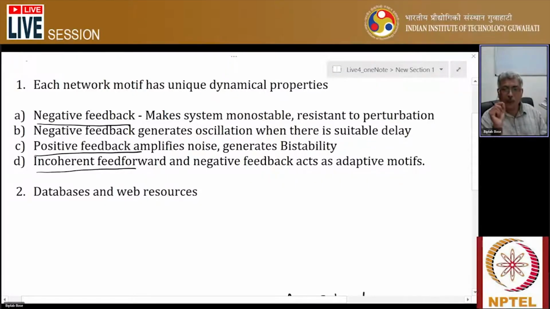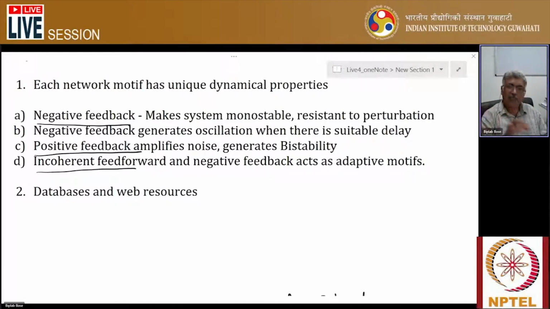And what should you focus on? You should focus on certain points regarding these motifs. For example, for negative feedback, it does not matter that in my lectures I may have discussed a genetic circuit made up of negative feedbacks, or a positive feedback using enzymatic reactions like a cell signaling pathway.